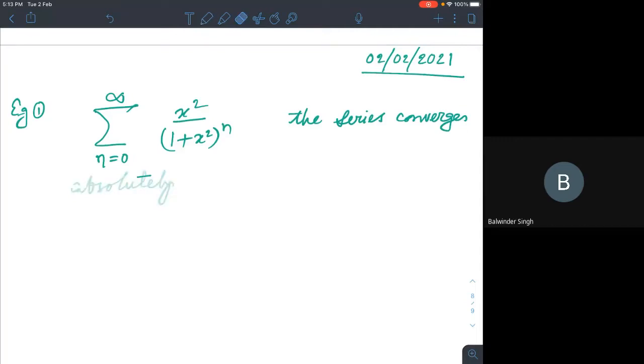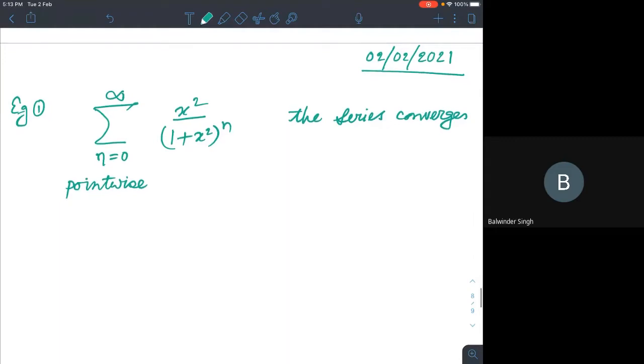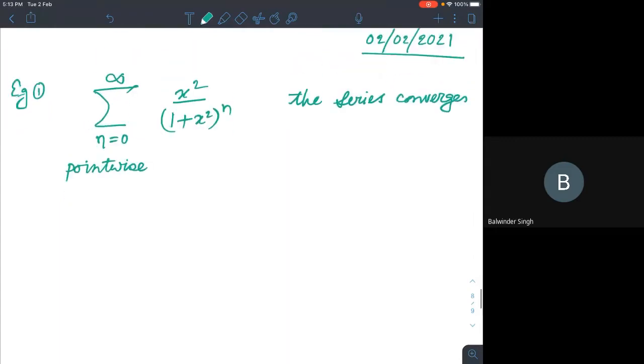So the series, firstly, converges pointwise, right? Now, what is the limit? You see here a geometric series. At x equal to 0, the series x squared by (1 plus x squared) to the power n gives you 0.